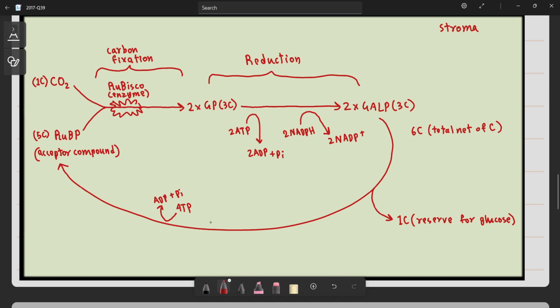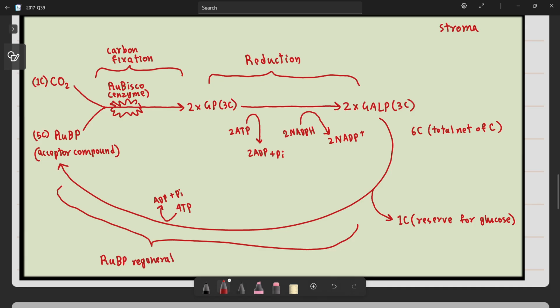This step of converting the GALP into RuBP is known as RuBP regeneration.